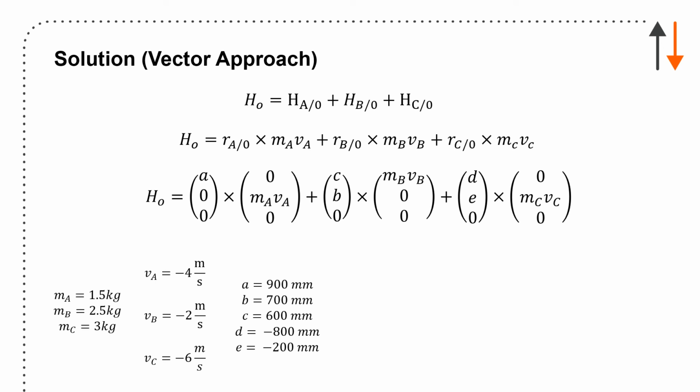And I'm just adding all the terms up. From this, I'll get a final H_O of 12.5 newton meter seconds in the k direction, which isn't a surprise since this is all occurring in the xy plane. I expect that the rotation will be about the z axis, or k.